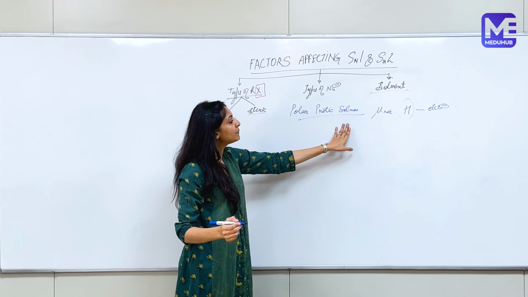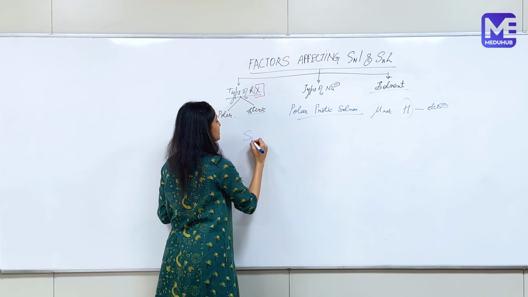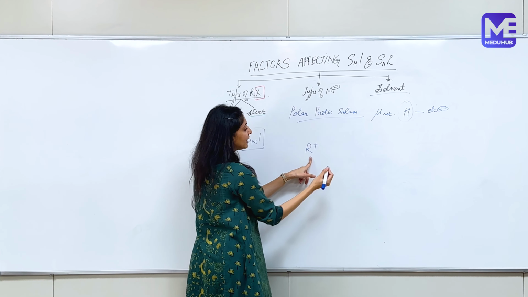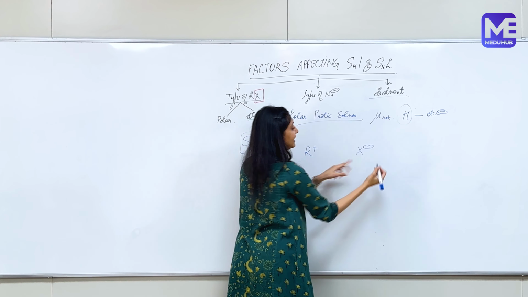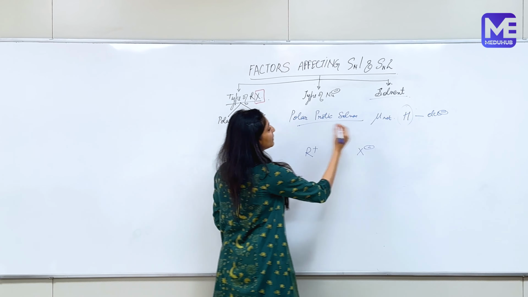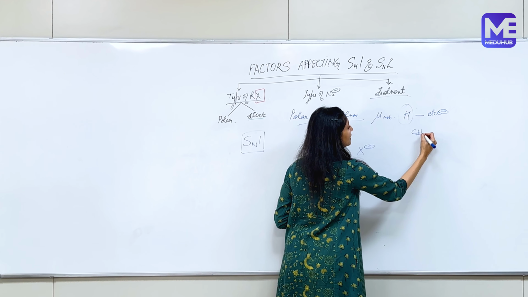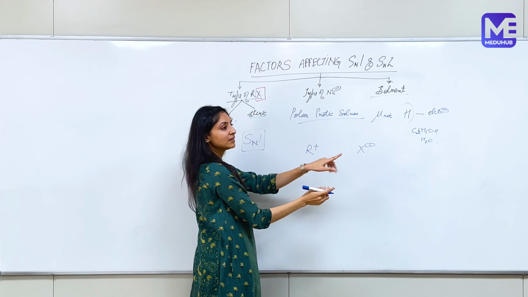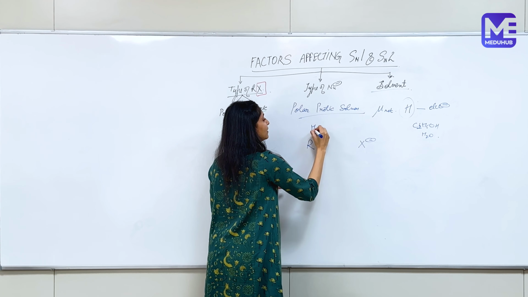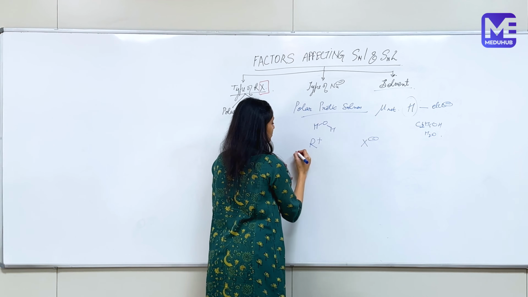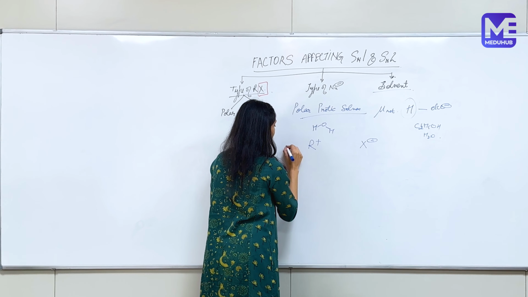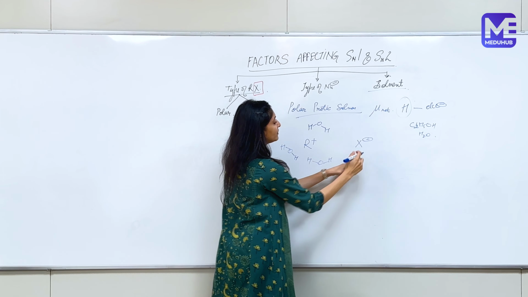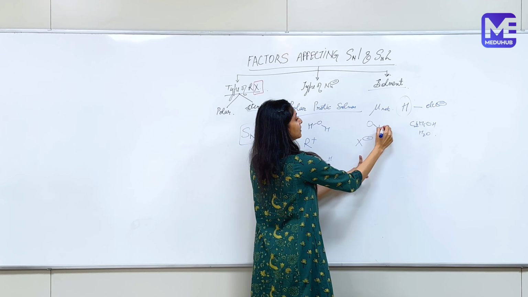In the case of a polar protic solvent, let's take an Sn1 mechanism where a carbocation is formed and the halide ion leaves, right? Polar protic solvents are ethanol or water. So what will happen in the case where water is the solvent? We have this solvent surrounding the carbocation and the solvent surrounding the halide ion.